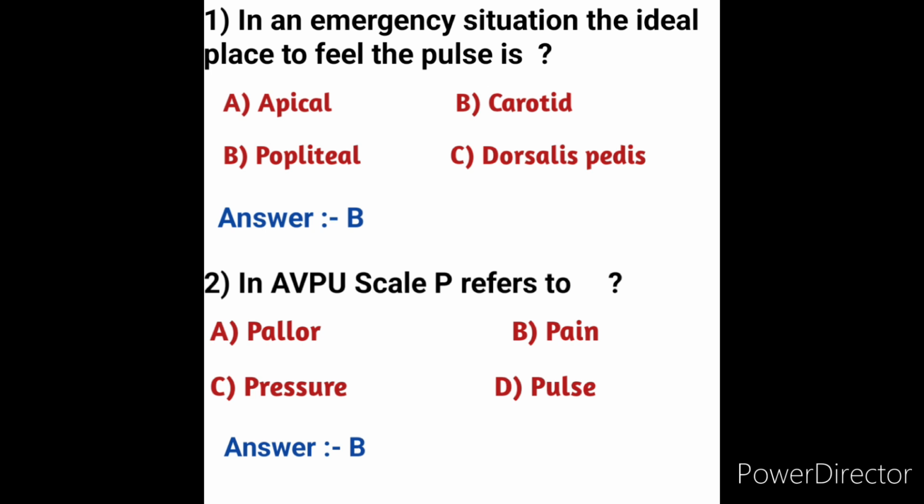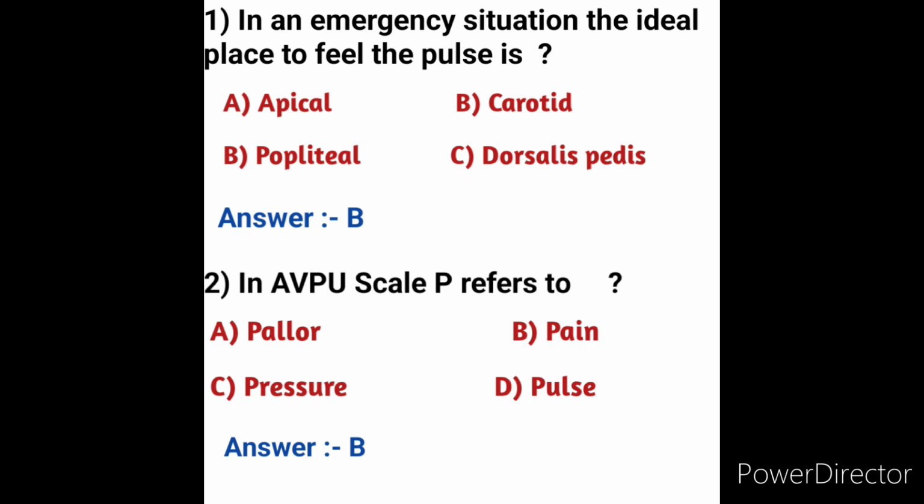In an emergency situation, the ideal place to feel the pulse is the carotid pulse. When the victim has low blood pressure, we can't feel the carotid pulse. The absence of pulse means the patient is in cardiac arrest, and then we have to start CPR immediately. CPR means cardiopulmonary resuscitation.